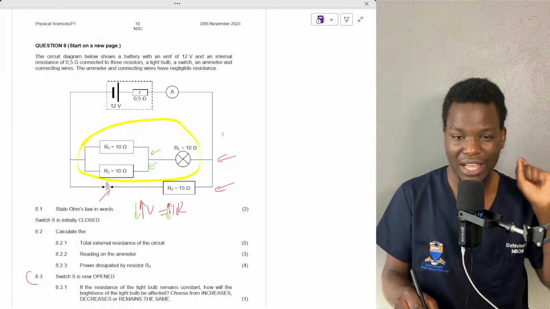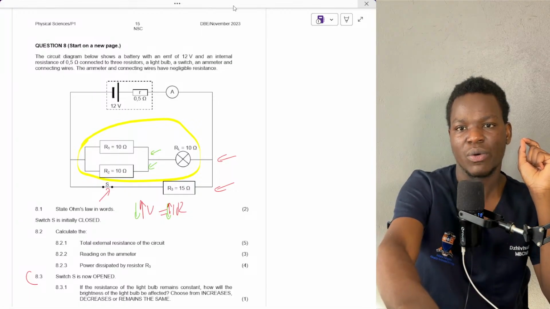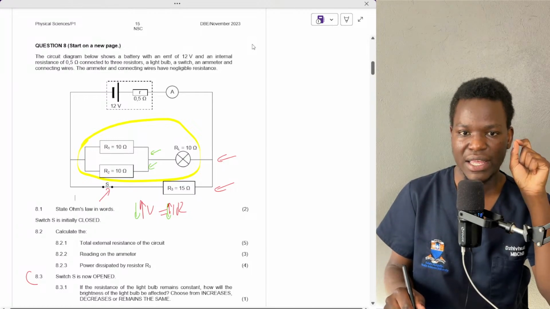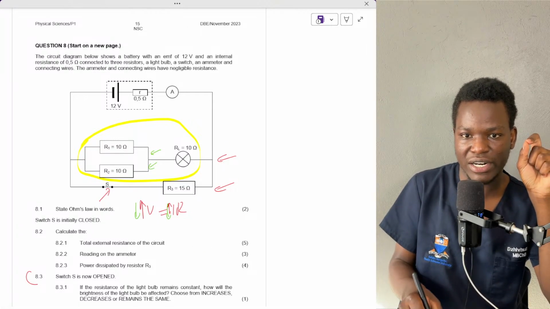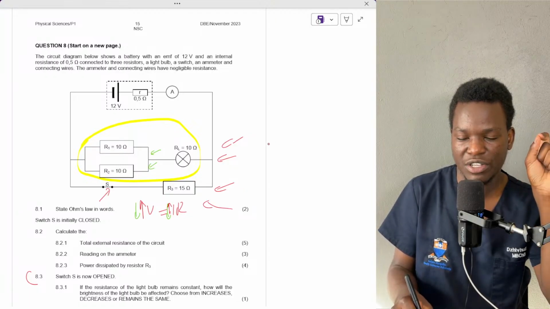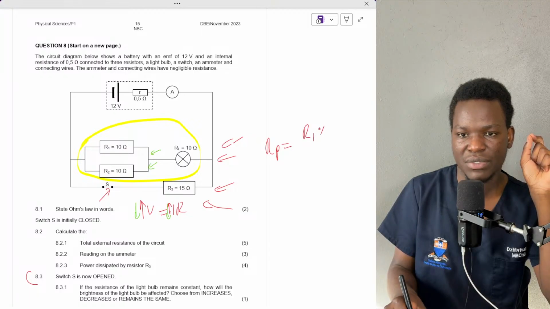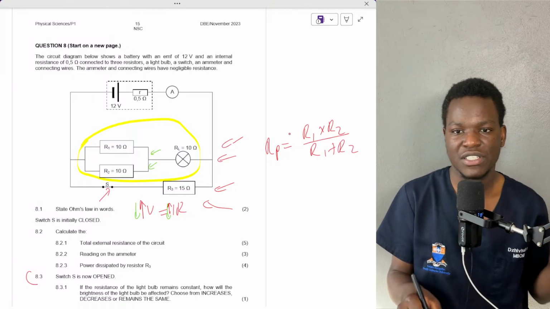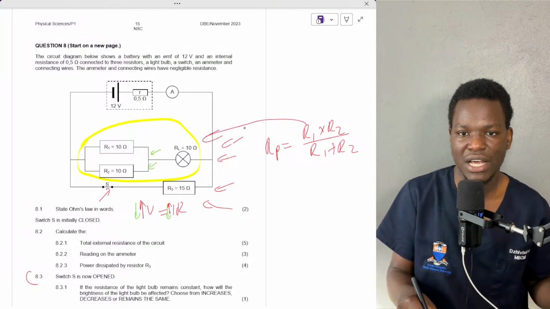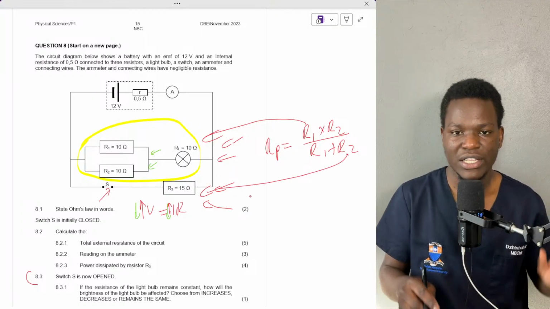The important thing I want us to learn from that is that now we can add the total resistance of these branches and the total resistance of these branches, and then we use the formula Rp equals R1 times R2 over R1 plus R2. So we are going to first find this. We put it as R1, and then what we'll put as our R2 is that one. That's how we are going to do it.